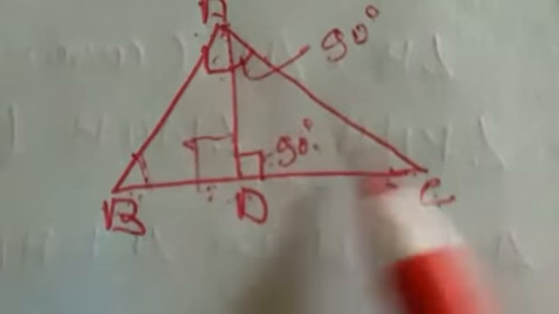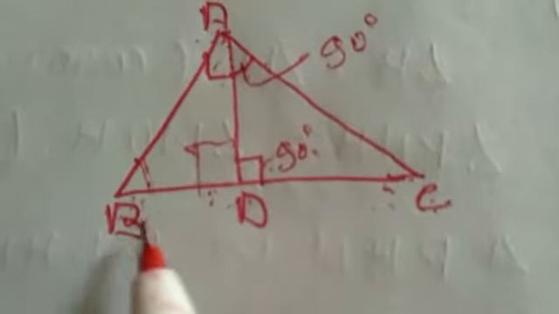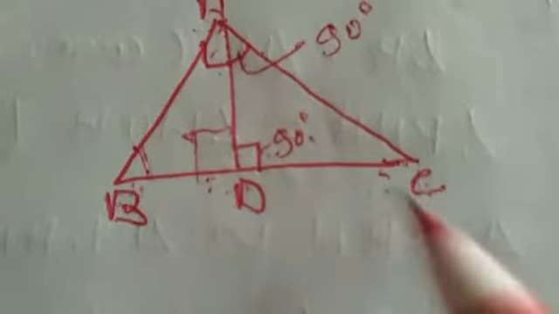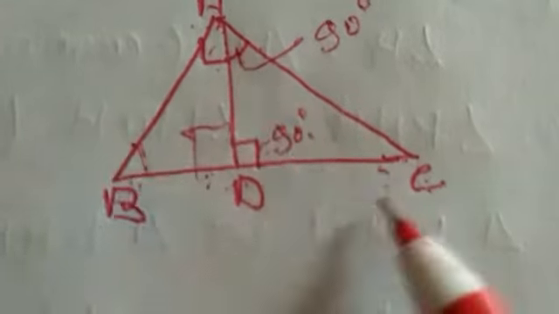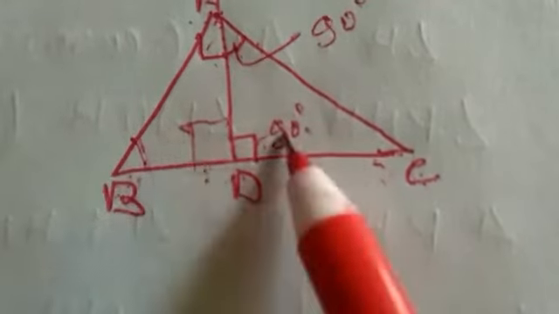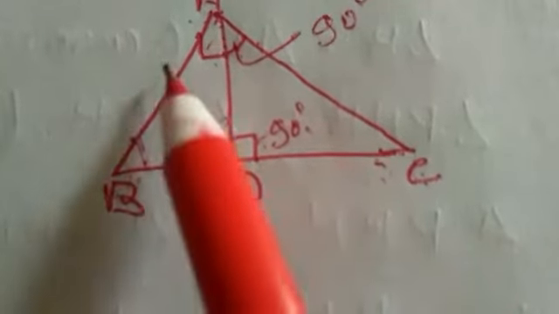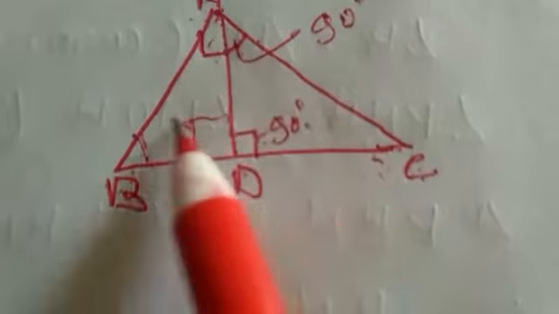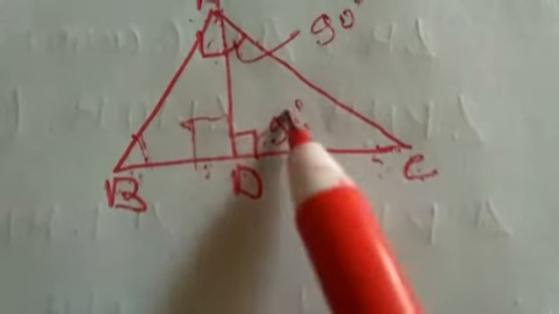As you can see, both smaller triangles are similar to the larger triangle. It means that triangle BDA is similar to BAC and triangle CDA is similar to CAB. So both smaller triangles will also be similar to each other.